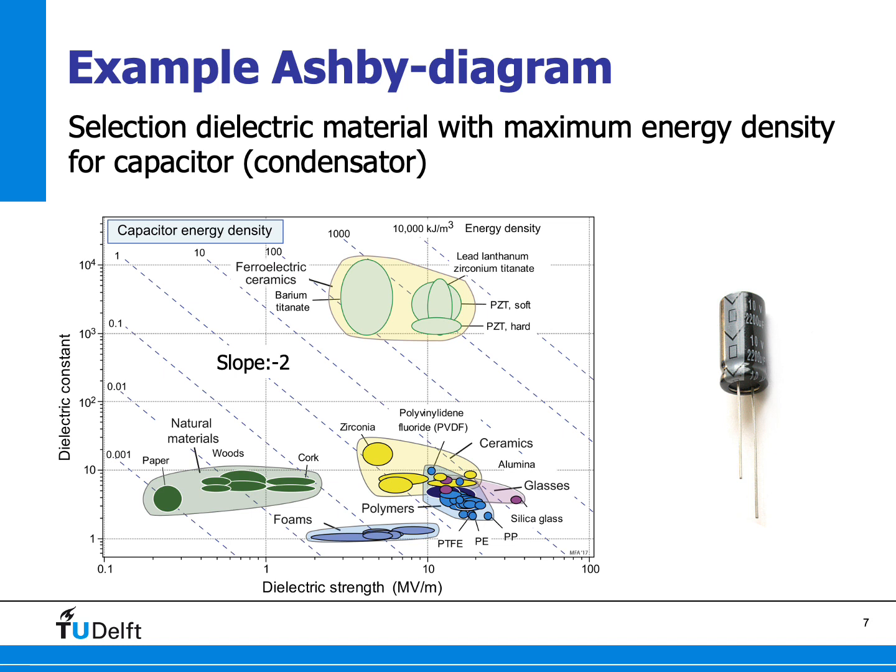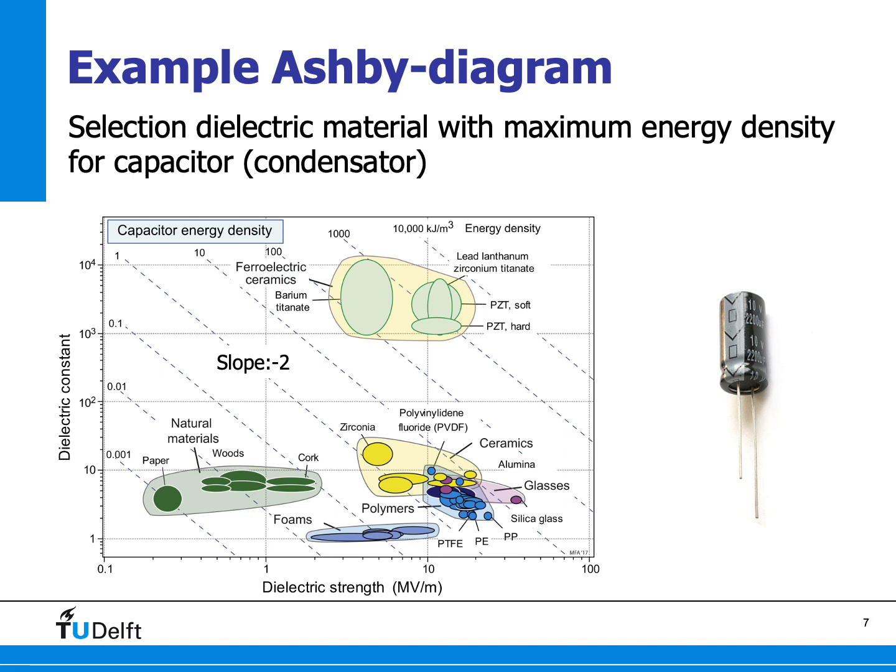Now what you also see in this graph are a number of lines with a slope of -2, and please note that these are logarithmic scales. All the Ashby graphs are typically plotted on a double logarithmic scale, and the lines that you see here in this case represent lines with a certain energy density.